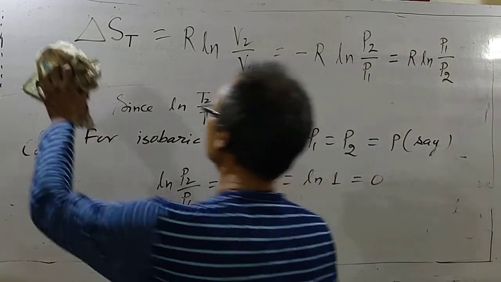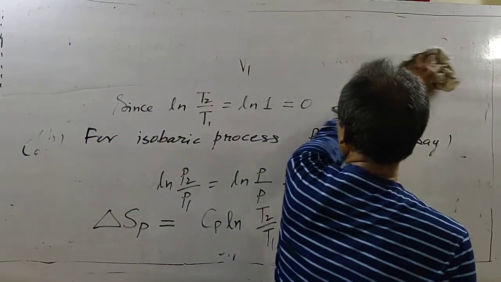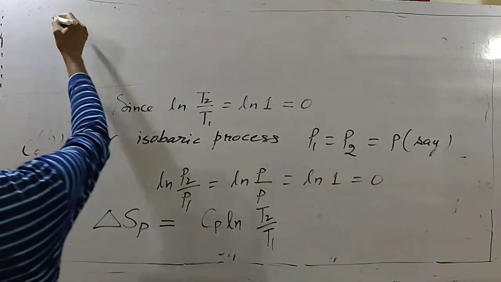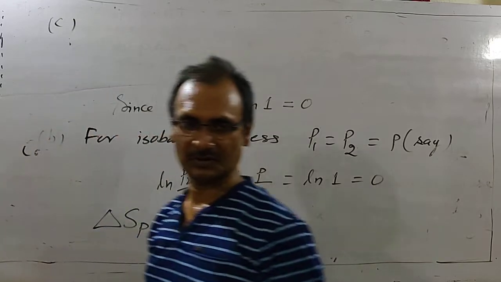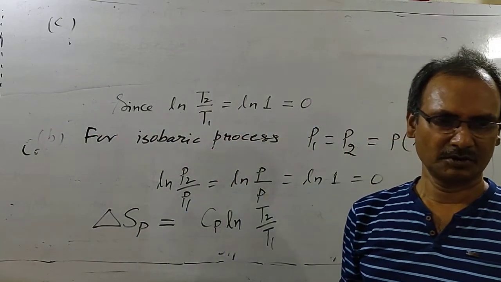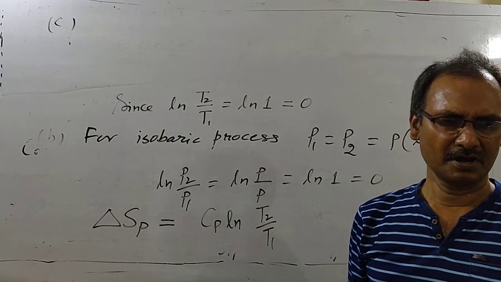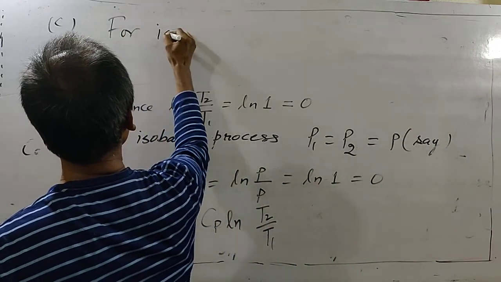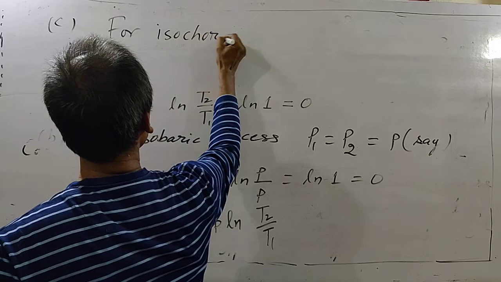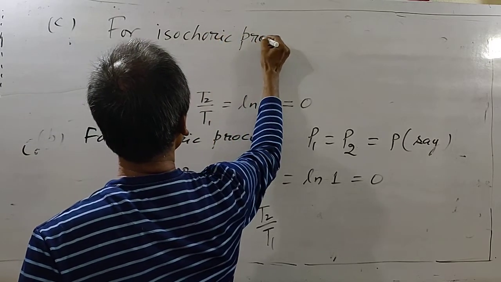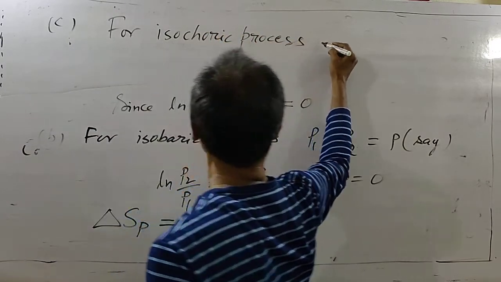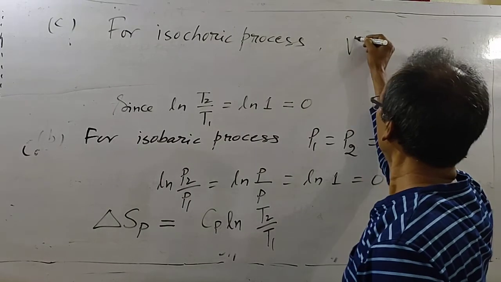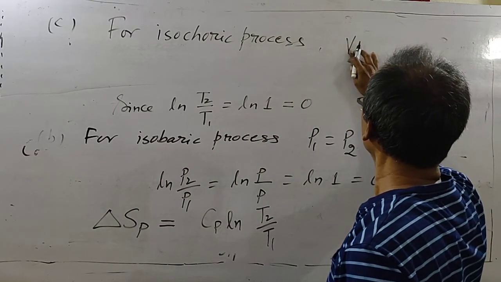Now come to the third case, C, for isochoric process. In this case, volume is constant.